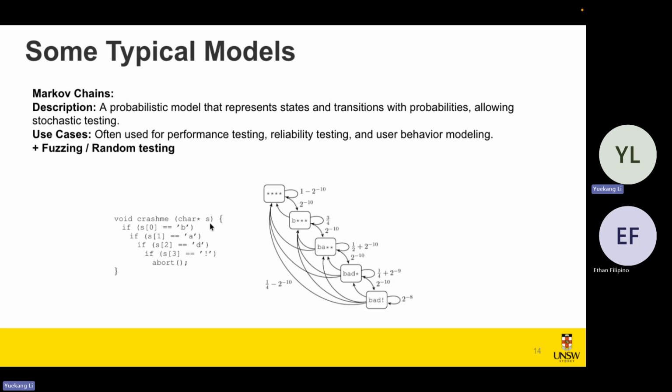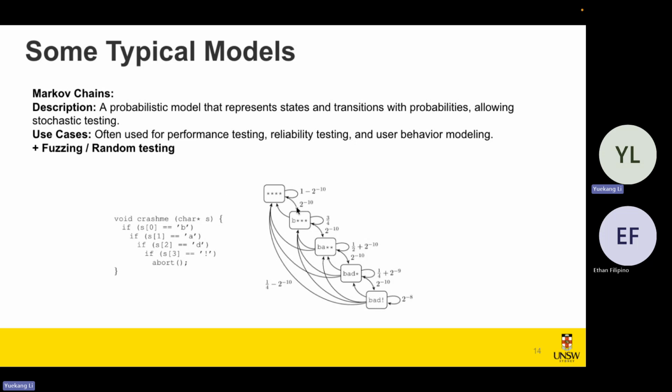Because if we just randomly generate the string, there is a chance that we can make the first character correct, right? And only if we make the first character correct, we can get into the second state, right? And only if we are getting to the fifth state, we can get the correct answer, right?